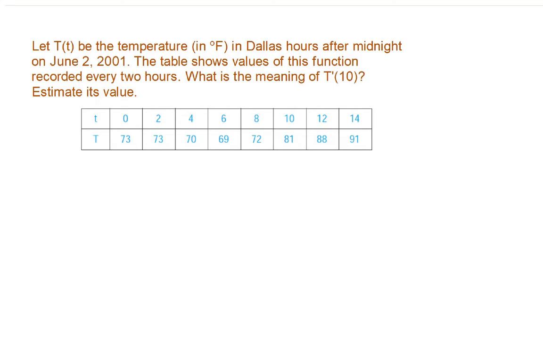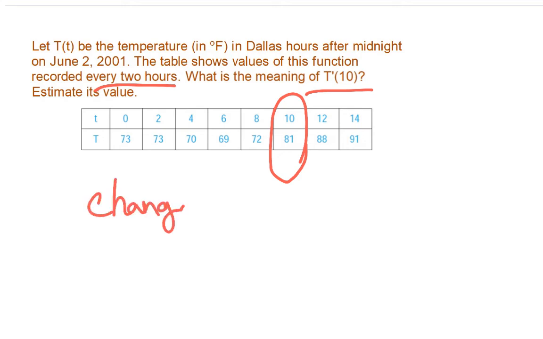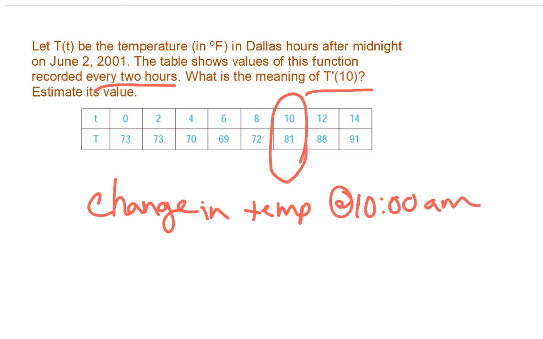Another problem with a table, just so you've seen one, the table shows the value of the function recorded every 2 hours, and it's the temperature in Dallas after midnight on June 2nd. And what's the meaning of the derivative of the temperature at 10? So right here, and then we're going to estimate its value. So what that's going to be, it's going to be the change in the temperature at 10 o'clock a.m. because it's after midnight.